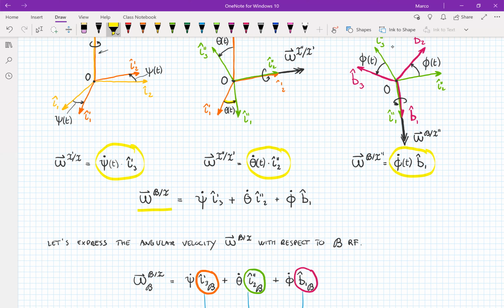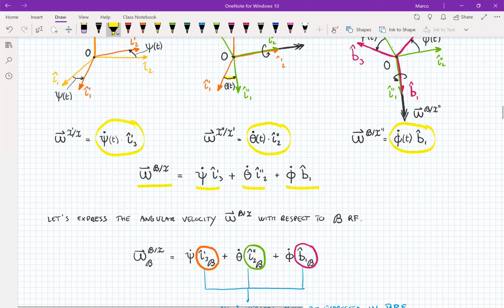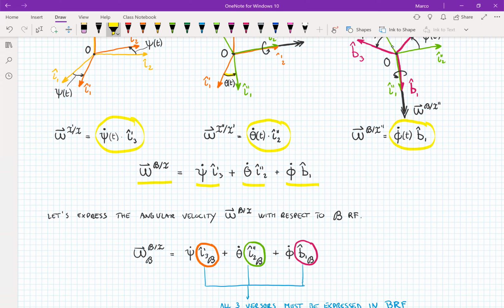That's very good. We haven't really specified any coordinate system, but you see that we have to use one. So let's express all these vectors with respect to the body reference frame.